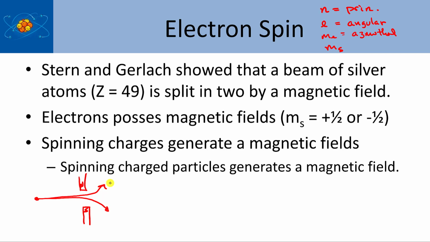And this is actually what the Stern-Gerlach experiment showed us, is that electrons can be sometimes plus 1/2 magnetic moment, so we call that m sub s plus 1/2, or it could be m sub s minus 1/2. And that's the equivalent of having a little magnet pointing up and a little magnet pointing down. And it's more complicated than that, I'm sure, if the physicists got into it. But for the simple chemist, this is good enough.